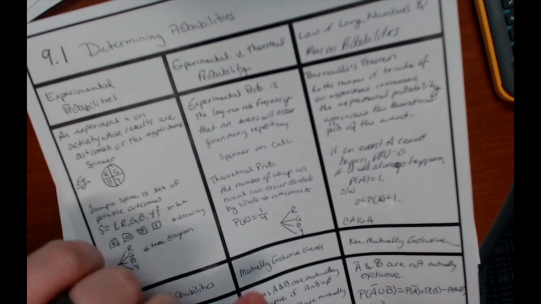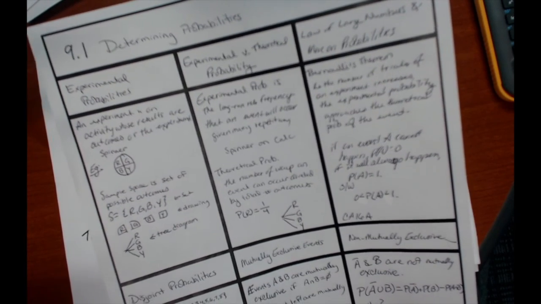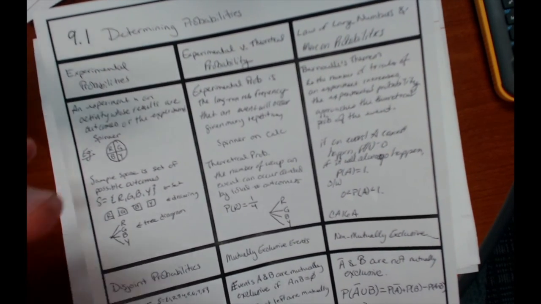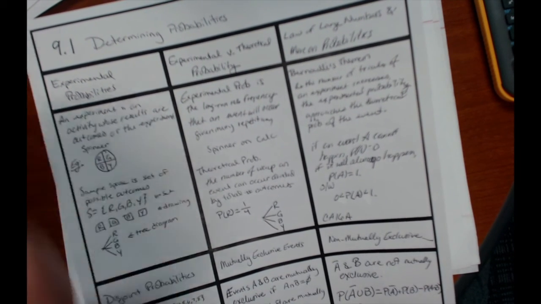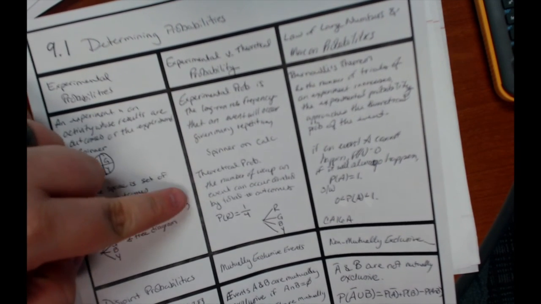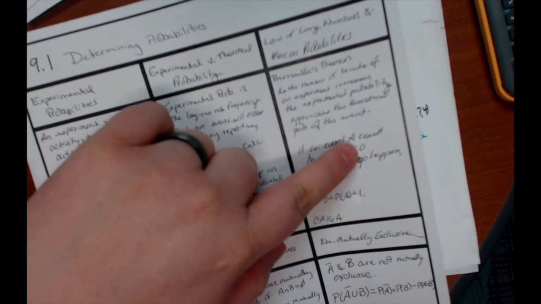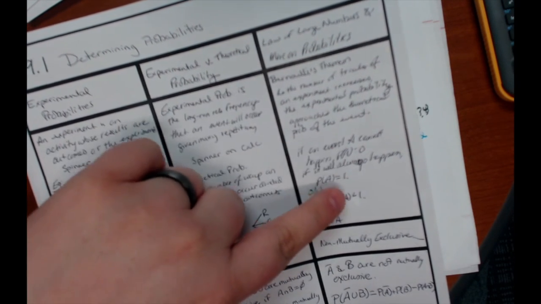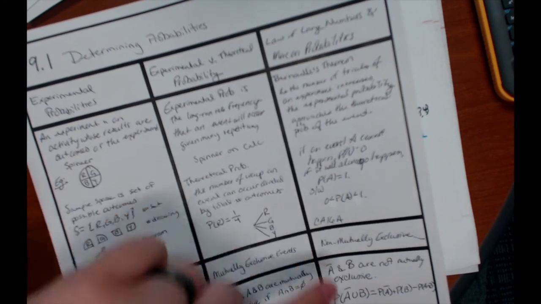Thinking about our spinner, we expect it to be 1/4 of the time each of those, and that's where that comes from. Bernoulli's theorem says that as the number of trials increases, this experimental probability approaches the theoretical probability. And probabilities can be as small as 0 when something can't happen, as large as 1 when it'll always happen, and otherwise it's somewhere in between.